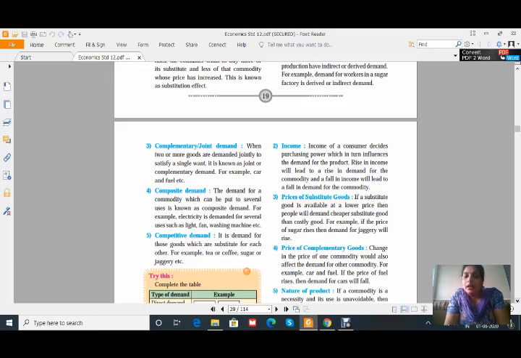Because the demand for tea will get reduced, and the consumers will shift their satisfaction from tea to coffee. Similarly, sugar or jaggery: if the price of sugar increases, people start using jaggery instead of sugar. Okay, so these are the types of demand.